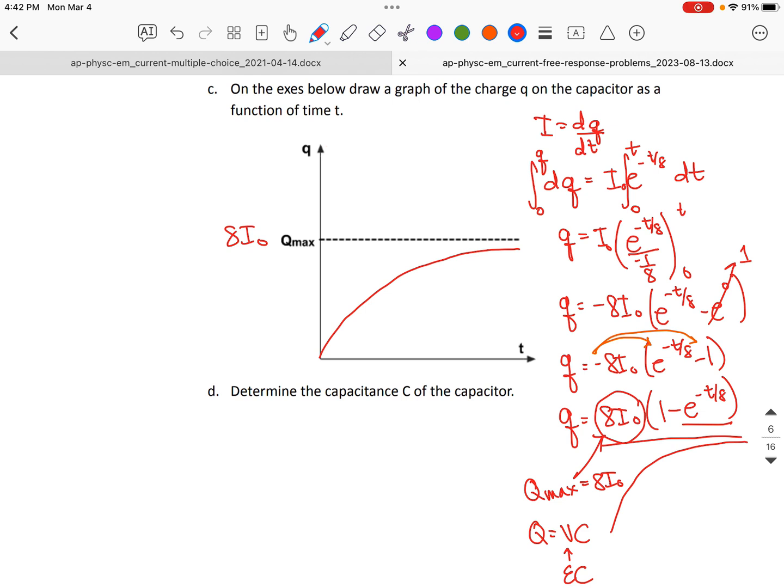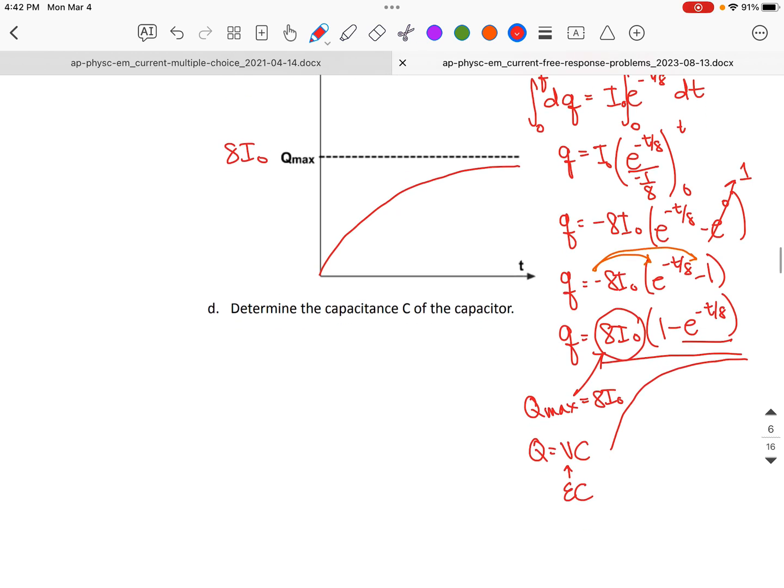Okay, so in the next part of this problem, we're determining the capacitance of the capacitor. What we do know is that our maximum charge is equal to 8 I naught. We know that our maximum voltage is equal to 60, which we got in part A. And we want to know the capacitance.